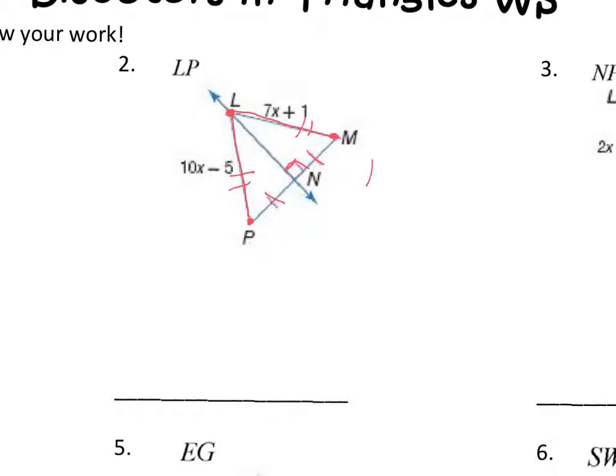We say that 10x minus 5 is equal to 7x plus 1. And then we'd solve for x. 3x equals 6, x equals 2.